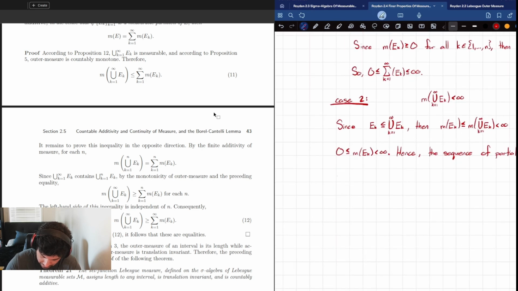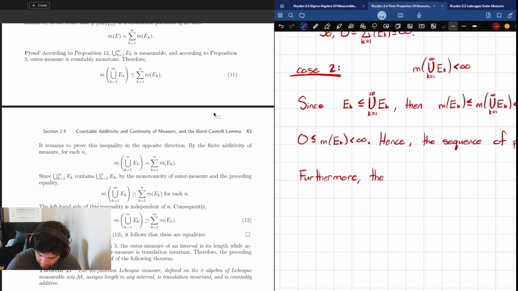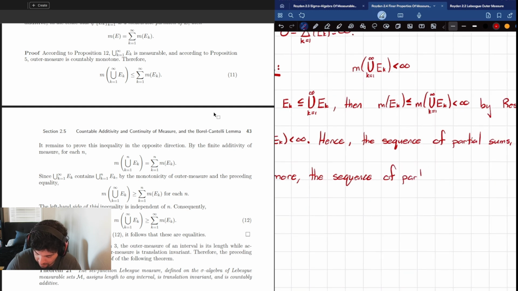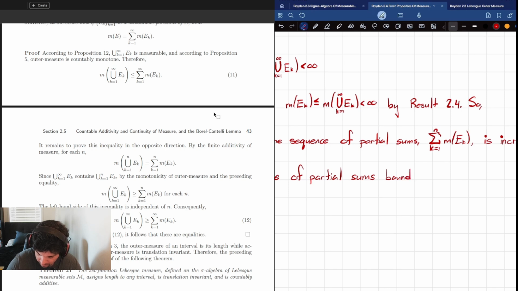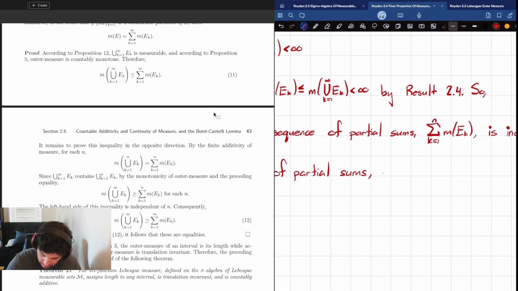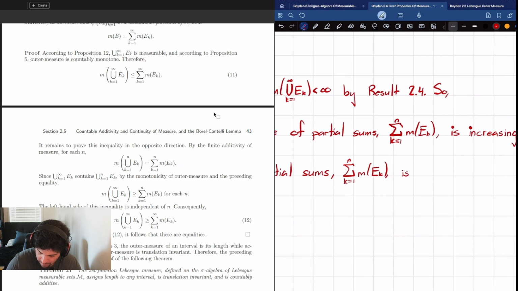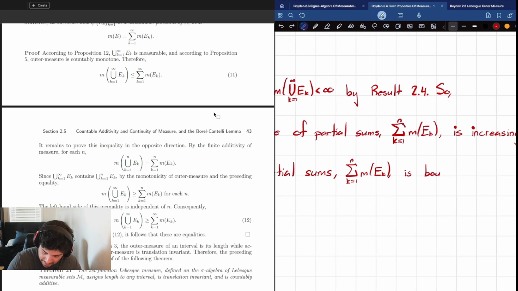Furthermore, the sequence of partial sums is bounded, and it's bounded above specifically.